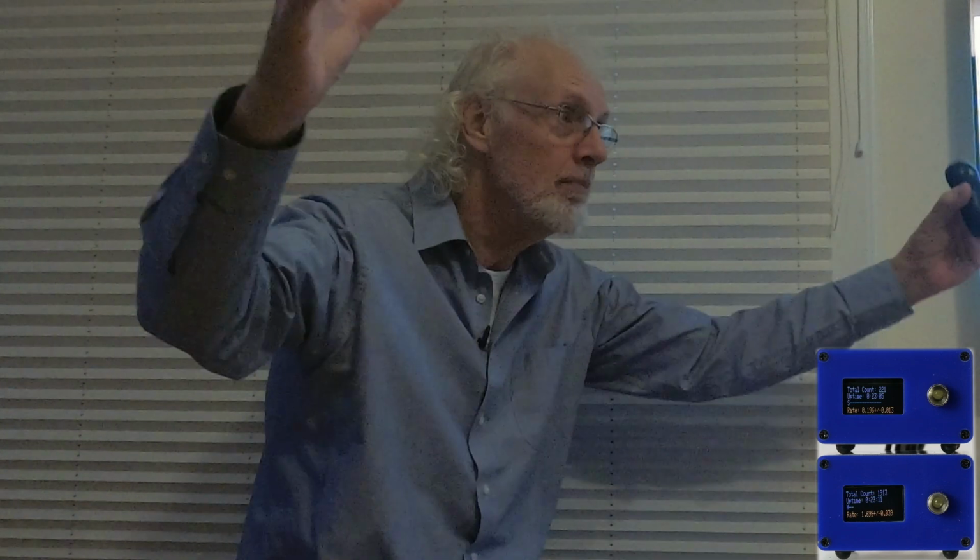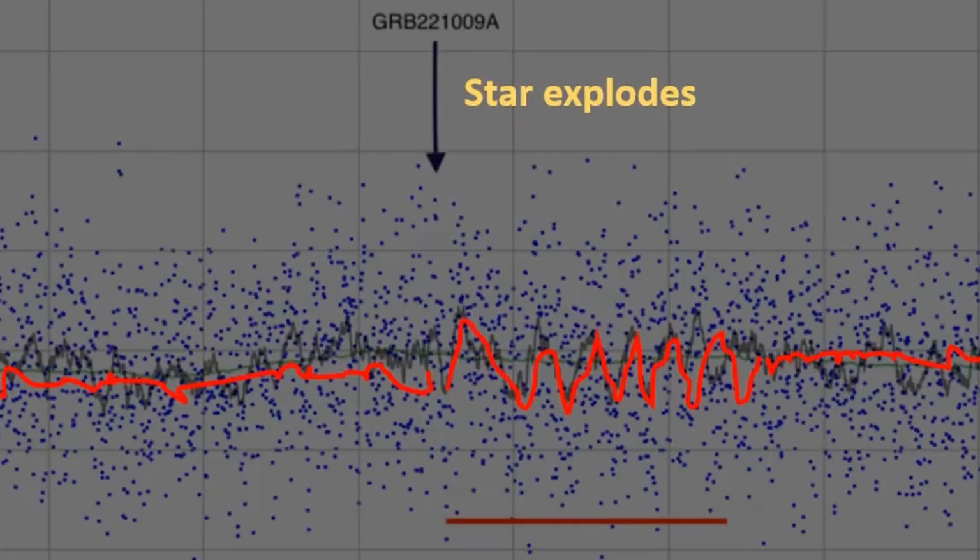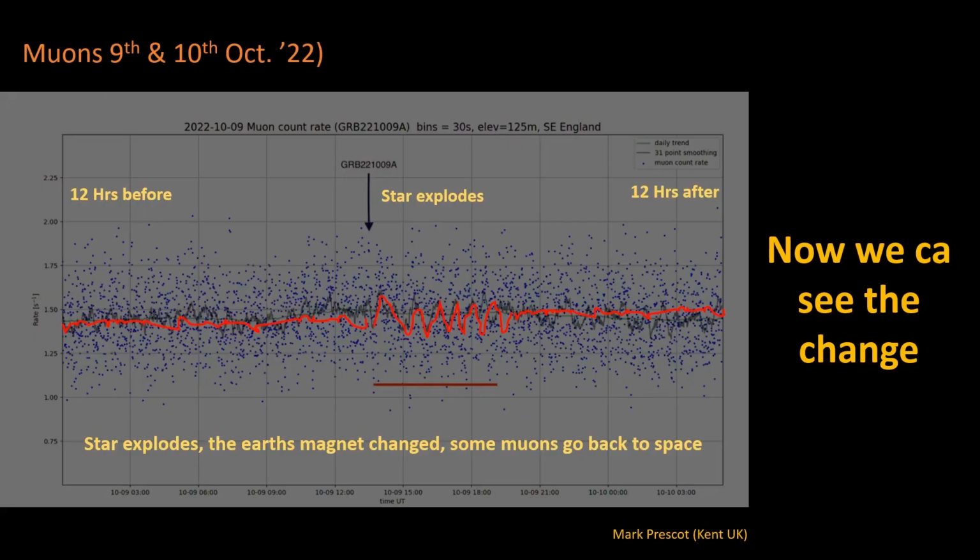And so muons get squirted into space and others are free to get to sea level. And so we've noticed this pattern from that cosmic event. Okay, the star exploded, the Earth's magnet changes, some muons go back to space, and others.